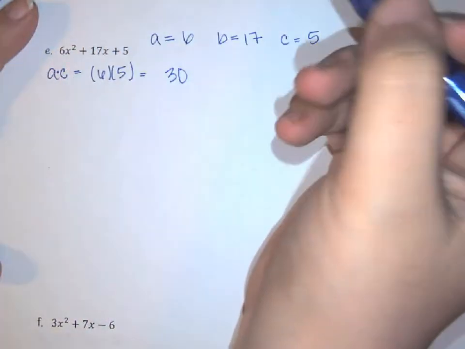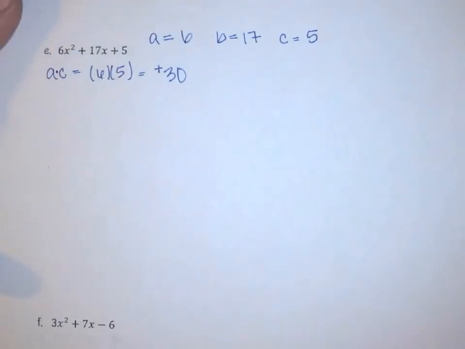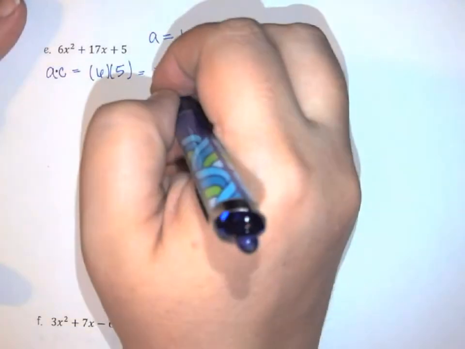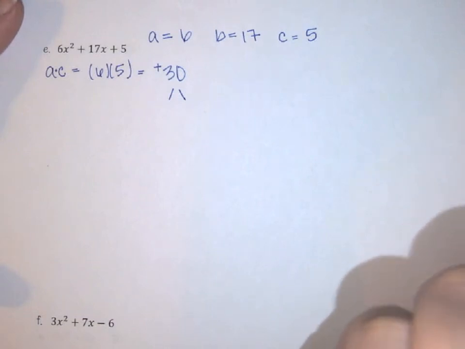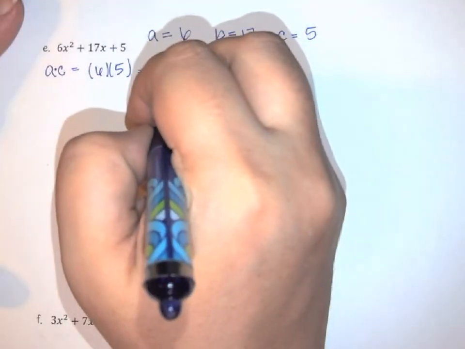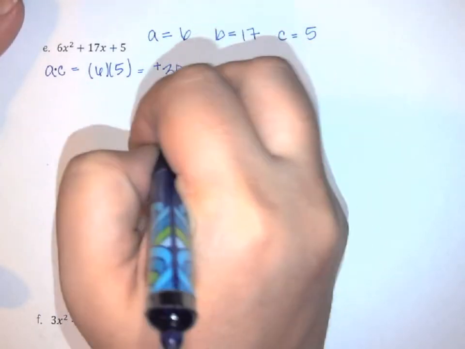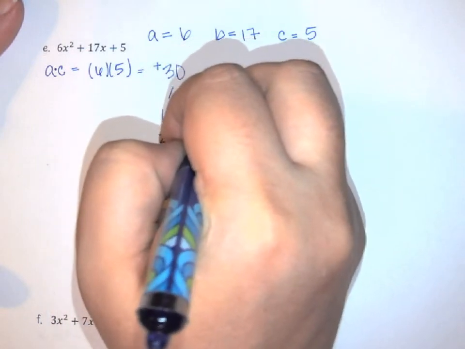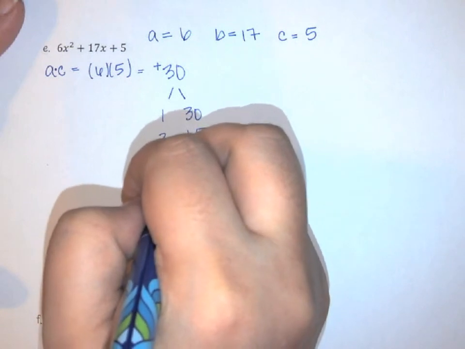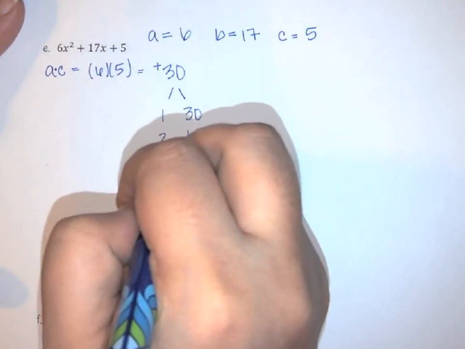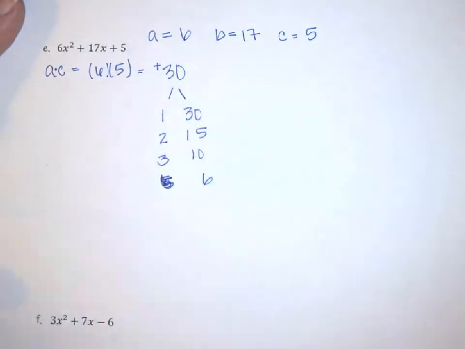So here, a is 6, so this becomes 6 times c, which was 5. 6 times 5 is 30. Since both 6 and 5 are positive, we are looking at a positive 30. And now I need to know factors of 30 that when added or subtracted will give me a 17. So I have 1 and 30, 2 and 15, 3 and 10, 5 and 6.